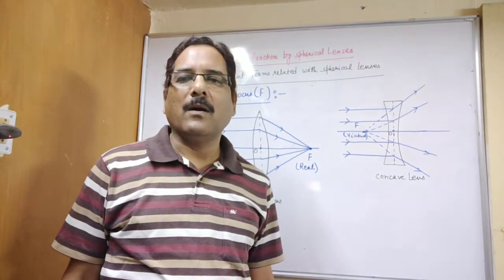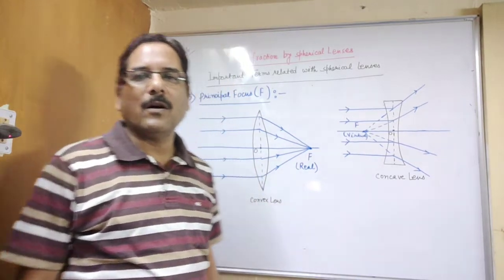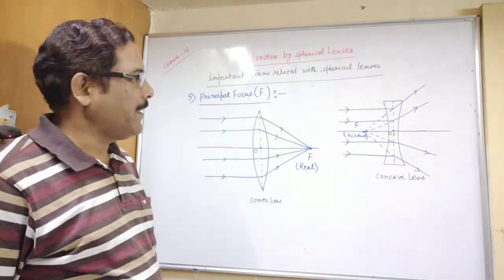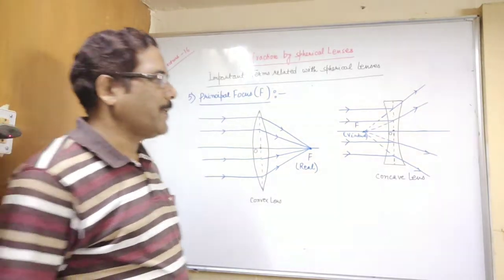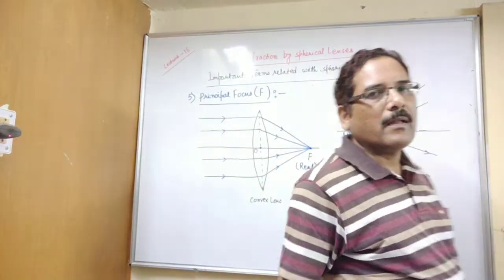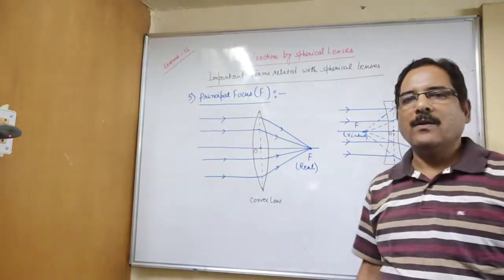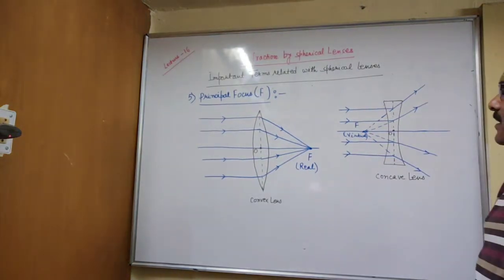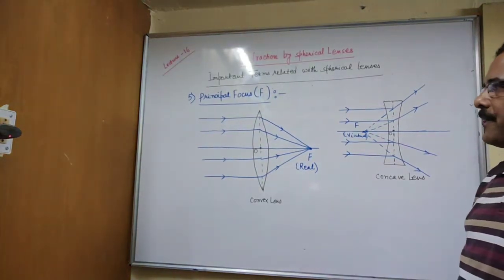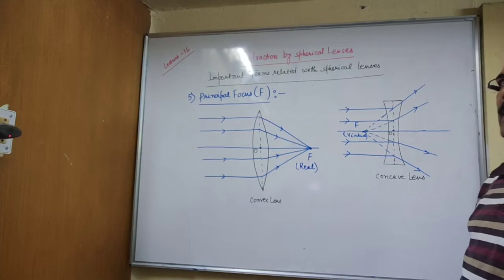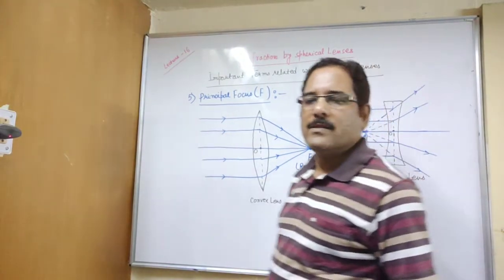This point is called the principal focus of the spherical lens.